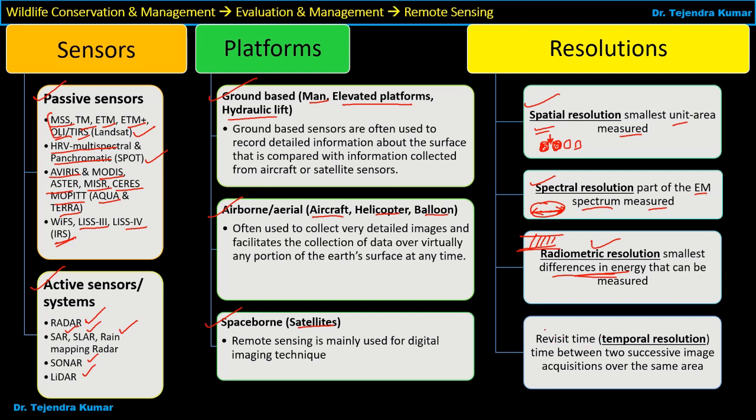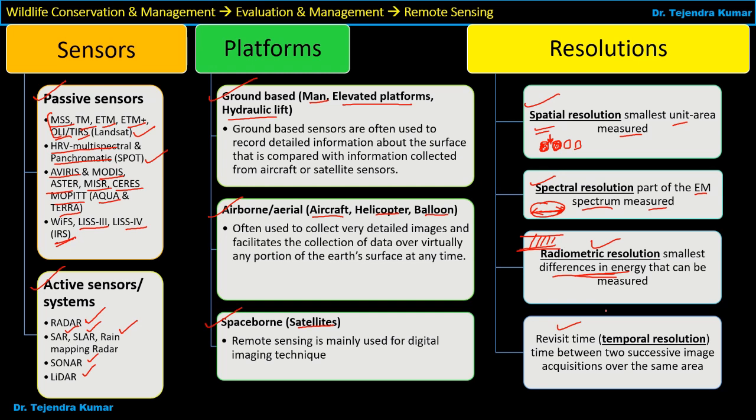Next is the temporal resolution. This is called the revisit time, the time between two successive image acquisitions over the same area. We can compare this with a time lapse. Whenever we take pictures with a camera and set the timer, it takes pictures one by one automatically.